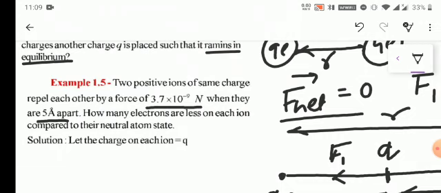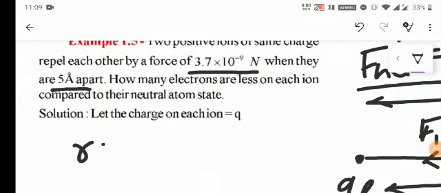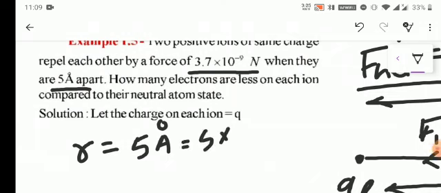First of all, you have to draw a diagram. The distance is equal to 5 angstrom, which means 5 into 10 to the power minus 10 meter.